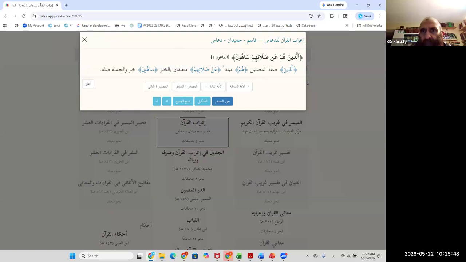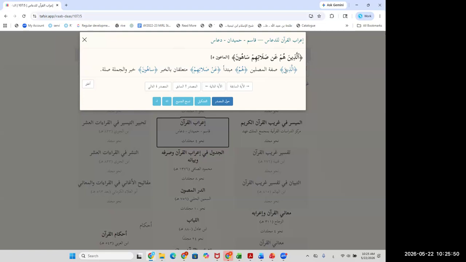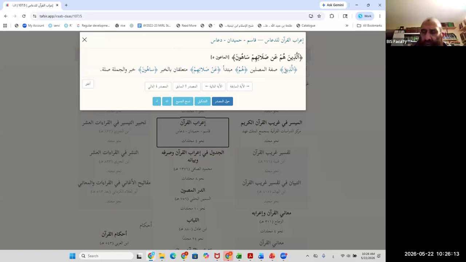That helps me to organize how I'm understanding it. So anytime you have a phrase in this format, where there's ism mawsul and then a jumla ismiya, but you want to include something like this, I could think of it like a parenthetical addition to the khabar. Yeah, you could.